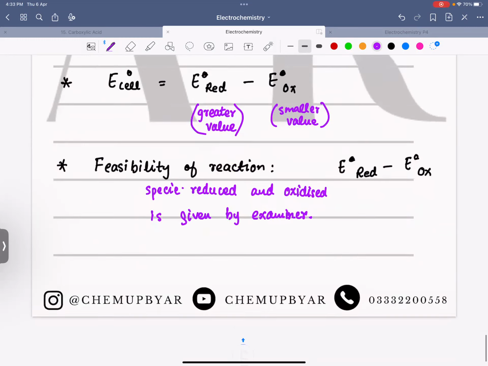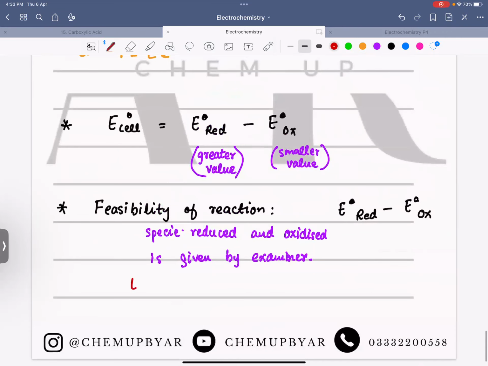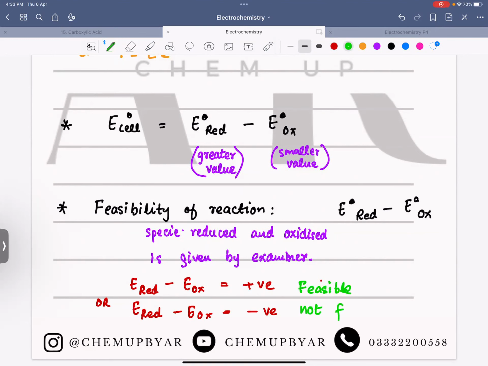On subtraction, doing E reduction minus E oxidation, you might get a positive answer, or otherwise you will get a negative answer. If the answer is positive, then the reaction is feasible, and if the answer is negative, then the reaction is not feasible.